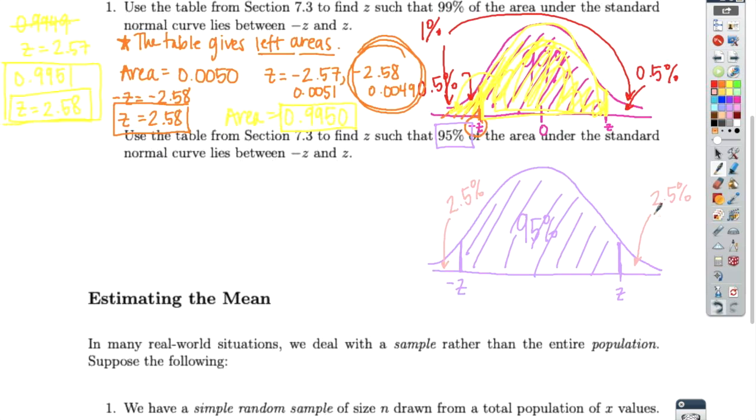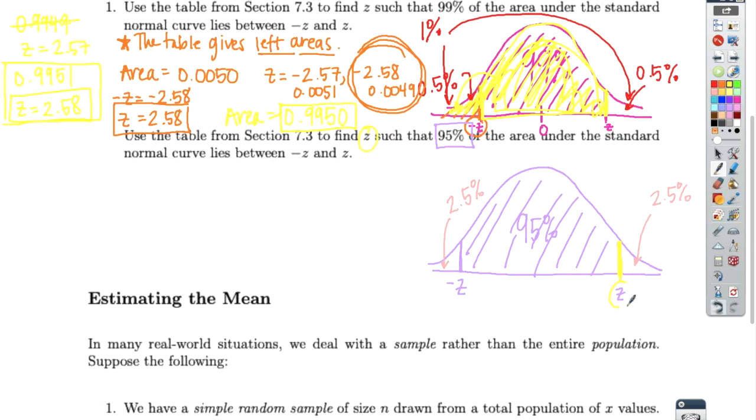So now I just have to think about how I can turn this into a left area problem. Now I'm going to take the left area from here, and that just saves me from doing that little switcheroo with the negative later, but honestly they're both almost equally straightforward. So from this z-score, which is what I'm looking for, right? Find z.